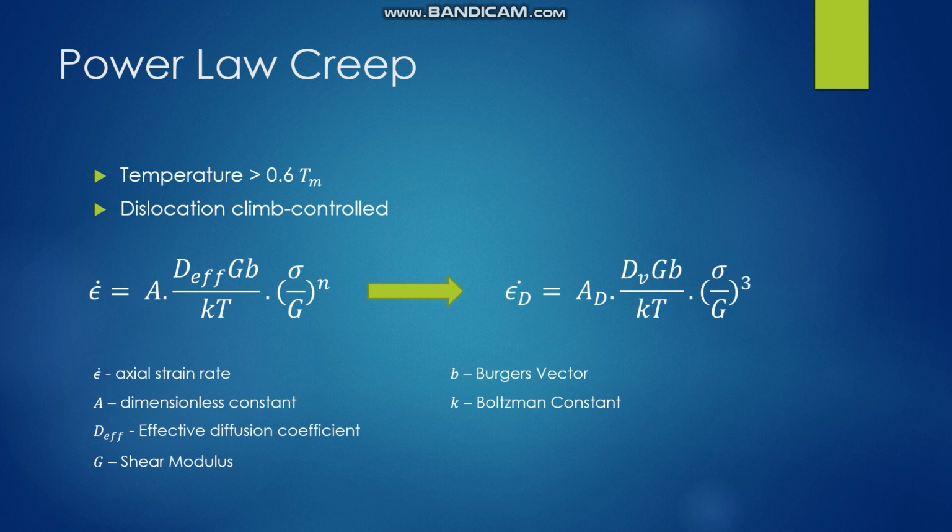Dislocation differs from diffusion in such that dislocation is the propagation of dislocations, whereas diffusion is the movement of vacancies. Please note that the temperature for power law creep is usually above 0.6 of the melting point temperature. And these are some of the formulas for power law creep to calculate the creep rate.